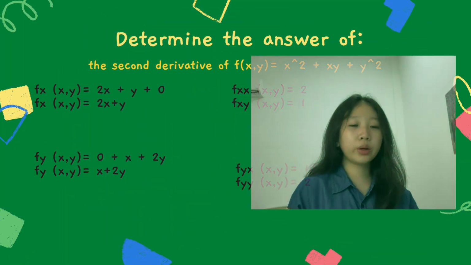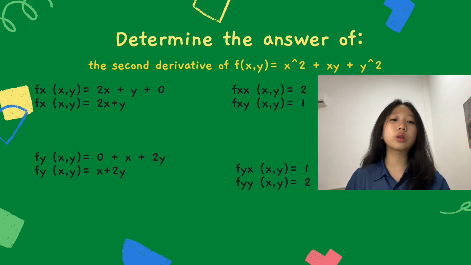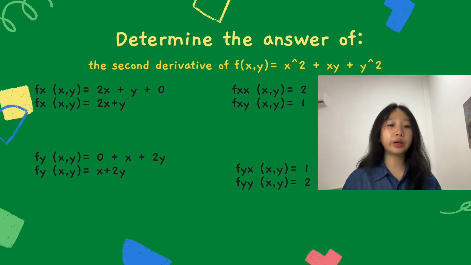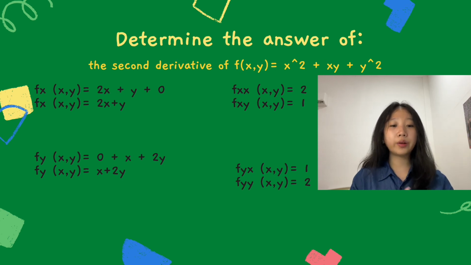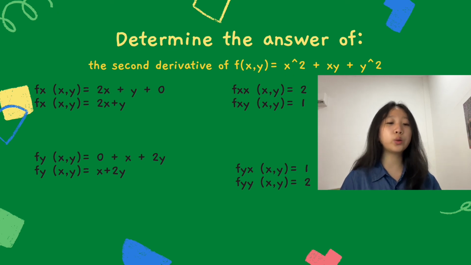For the next example, we're going to determine the second partial derivatives of this equation. For this part, we do the same thing as before, find the first partial derivatives. The fx of (x,y) is the derivative of x squared, which is 2x, plus for xy the derivative is y, and for y squared it is 0, so fx of (x,y) is 2x plus y.